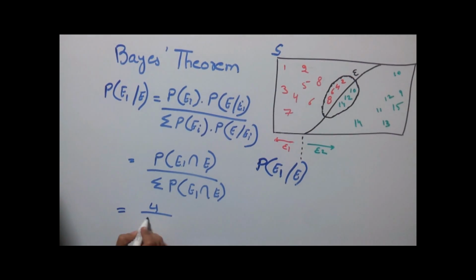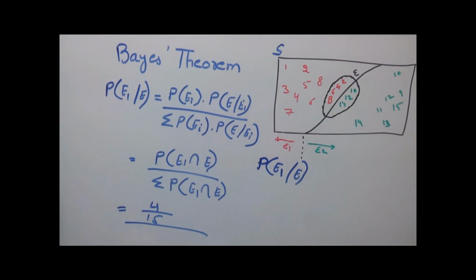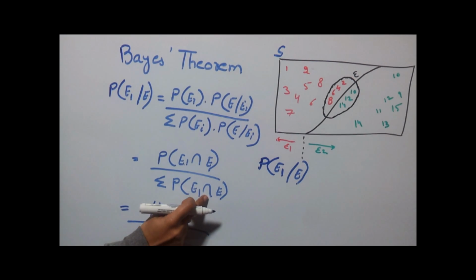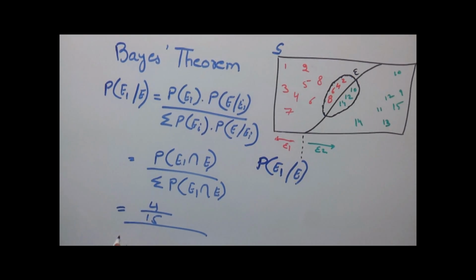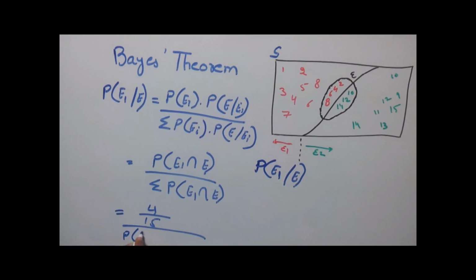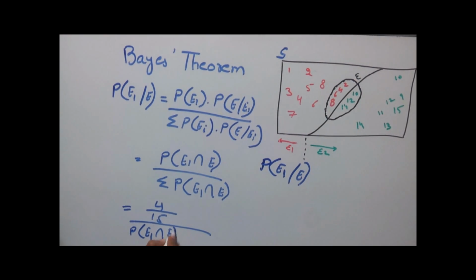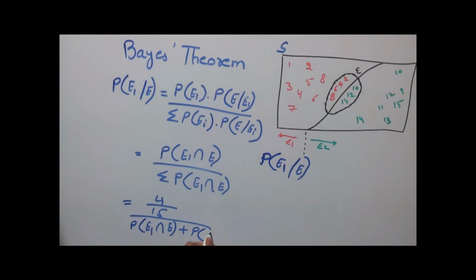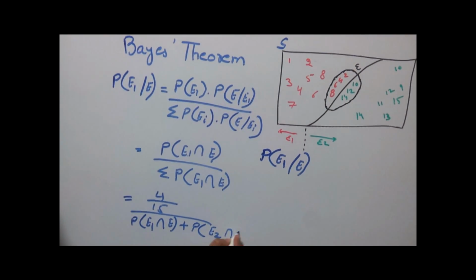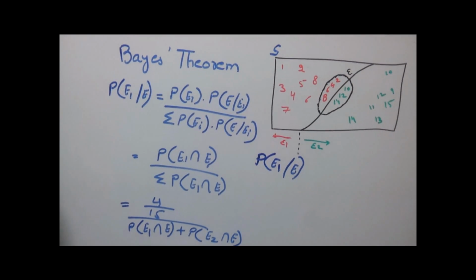So we get 4 by 15 divided by the probability of E1 intersection E plus the probability of E2 intersection E.